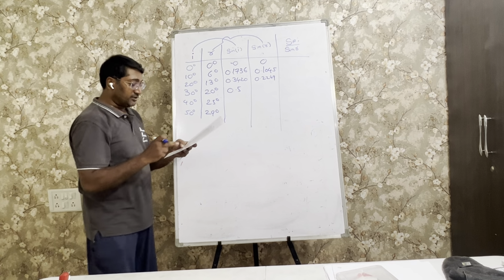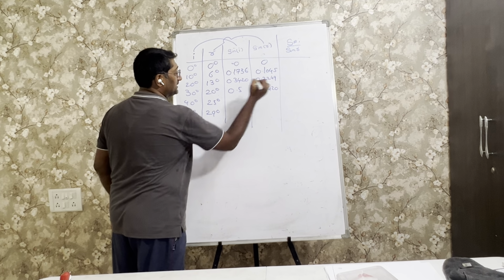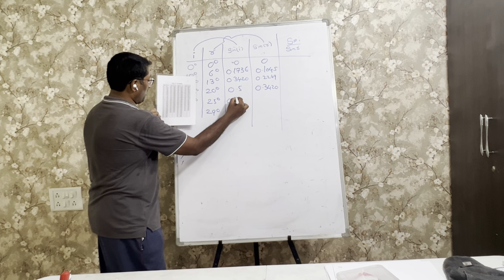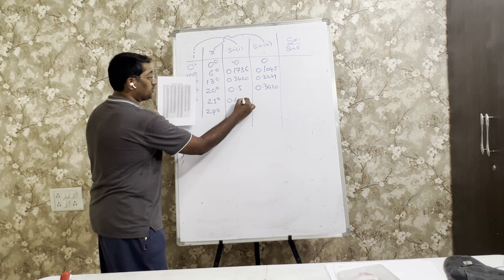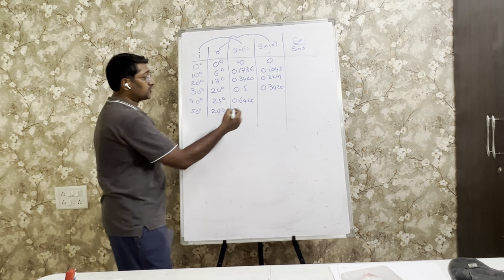Now I am doing sine 20 degrees, that is 0.3420. Sine 40 degrees is 0.6428 and sine 25 degrees is 0.4226.